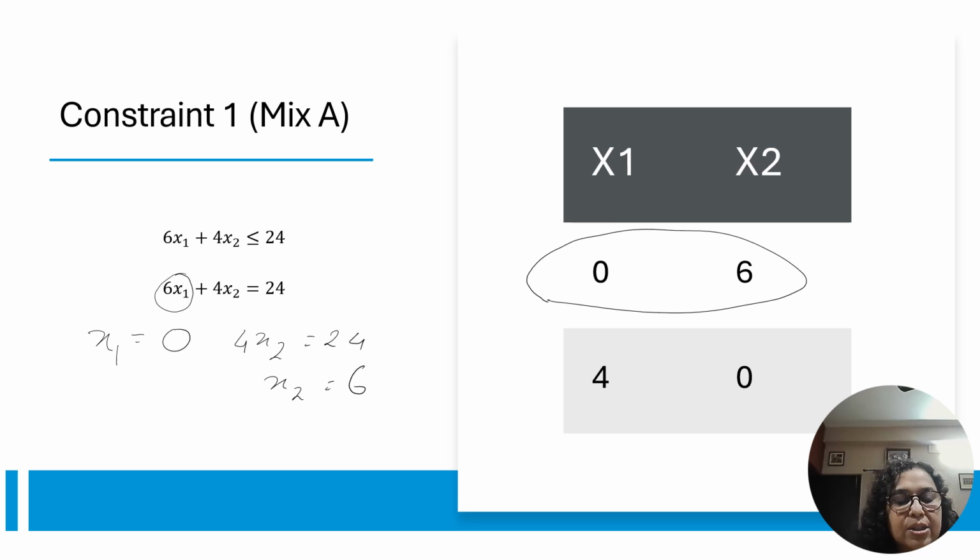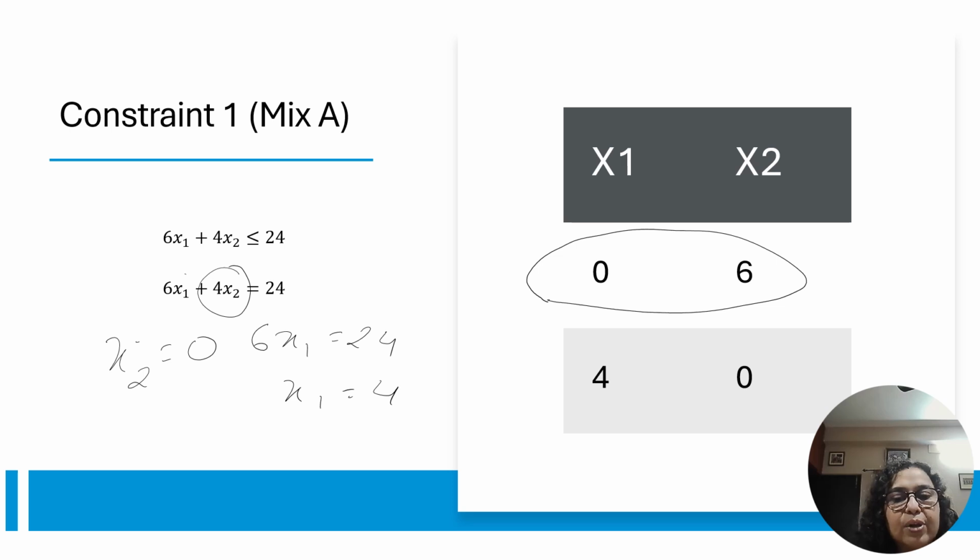Then we set x2 equal to 0, and so this part vanishes. And so we have 6x1 is equal to 24 and x1 is equal to 4.